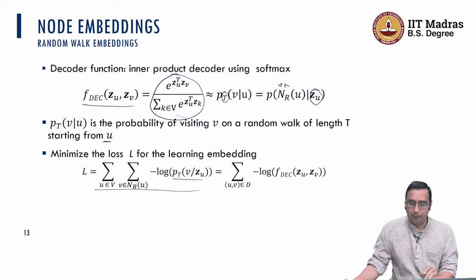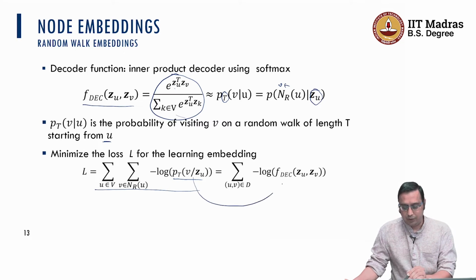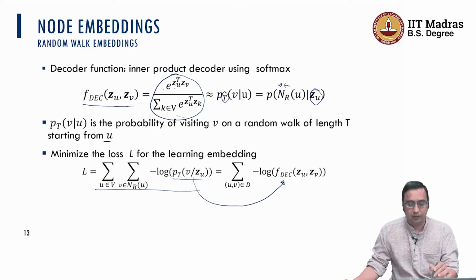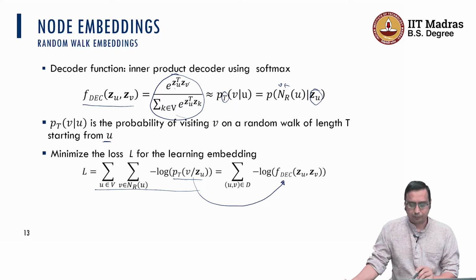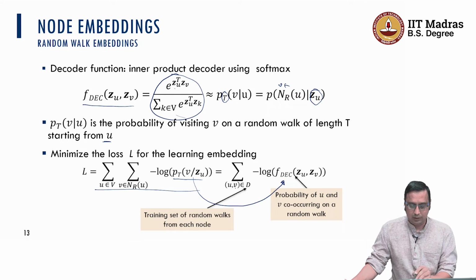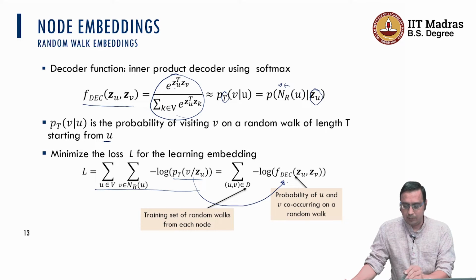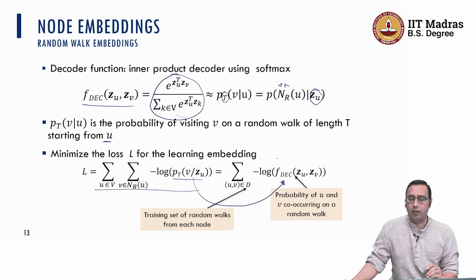To predict this probability, I showed you that I can use a decoder, f(z_u, z_v), which can be constructed in this manner. And again I am interested in learning z_u and z_v for all the pairs of training data I have in a random walk for each node. Hence this becomes the probability of u and v co-occurring on a random walk.